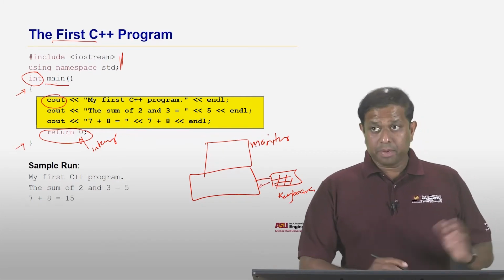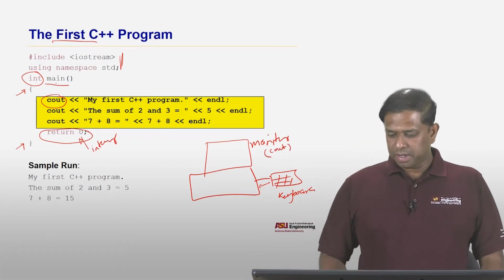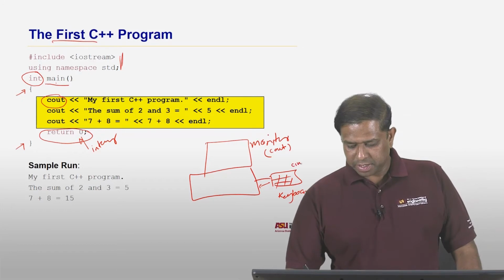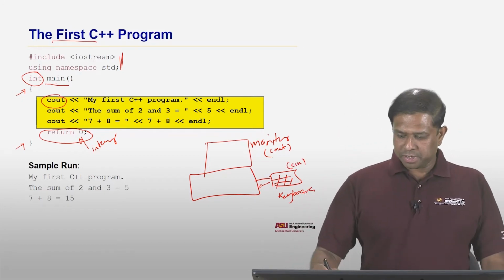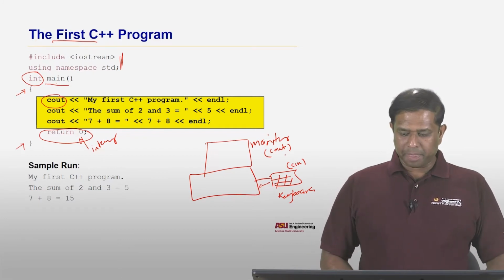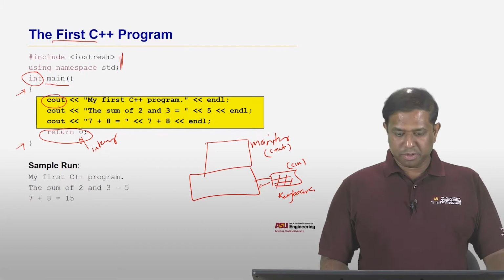In the programming world, the monitor is represented using the cout object, and the keyboard is represented using the cin object. That's the direct representation of this computer hardware in the program. Now we are saying cout, that means send something to the monitor.